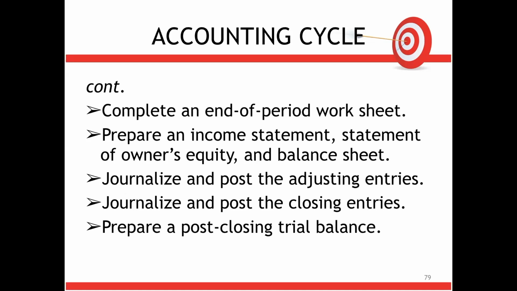Once it's completed, we are now ready to prepare the income statement, statement of owner's equity, and balance sheet. After that, we have to journalize and post the adjusting entries to general journal and general ledger. After that, we have to journalize and post the closing entries to general journal and general ledger as well. And that's it. We can prepare a post-closing trial balance.